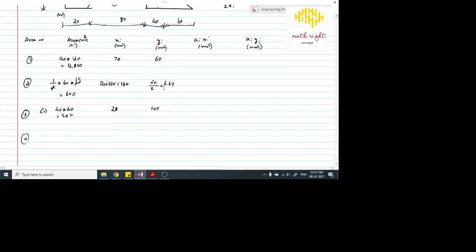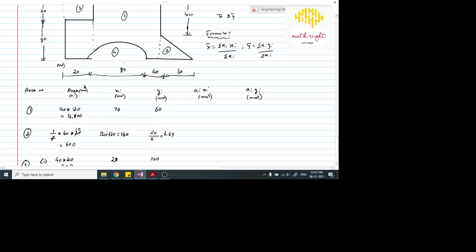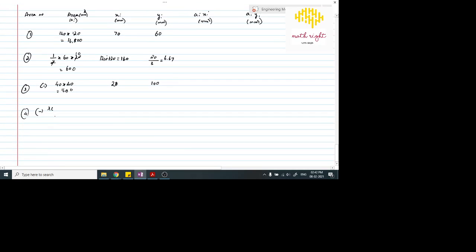Here also we have to subtract, so add a minus. What is the r value here? r is 40, since the total length is 80. So pi into 40 squared by 2. What is the value?